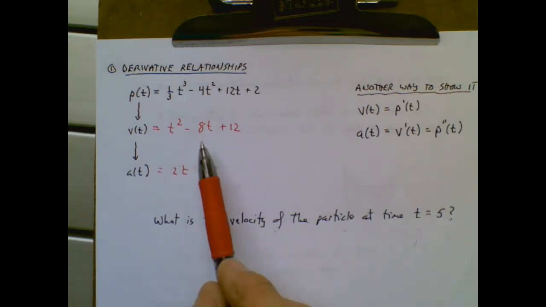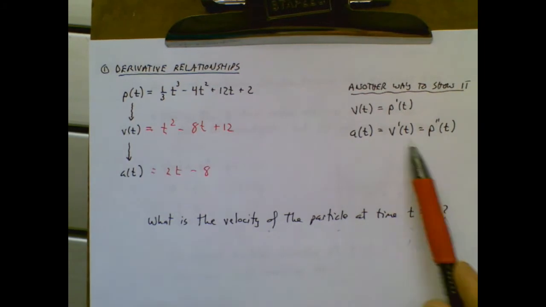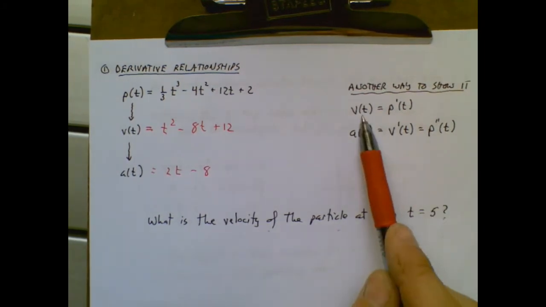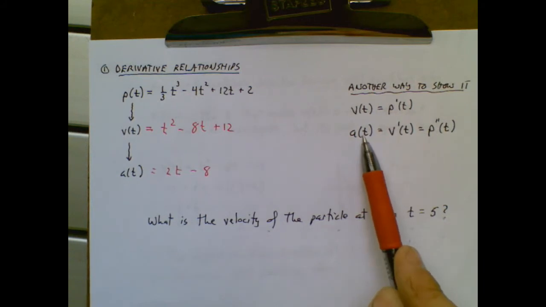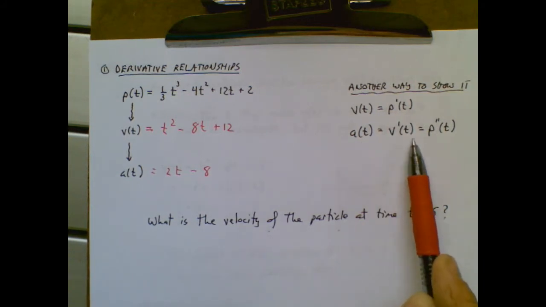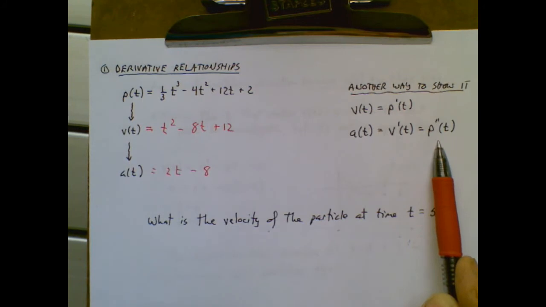And here it was in practice, but you can also show it with math symbolism. Velocity is the derivative of position. Acceleration is the derivative of velocity, or the second derivative of position.